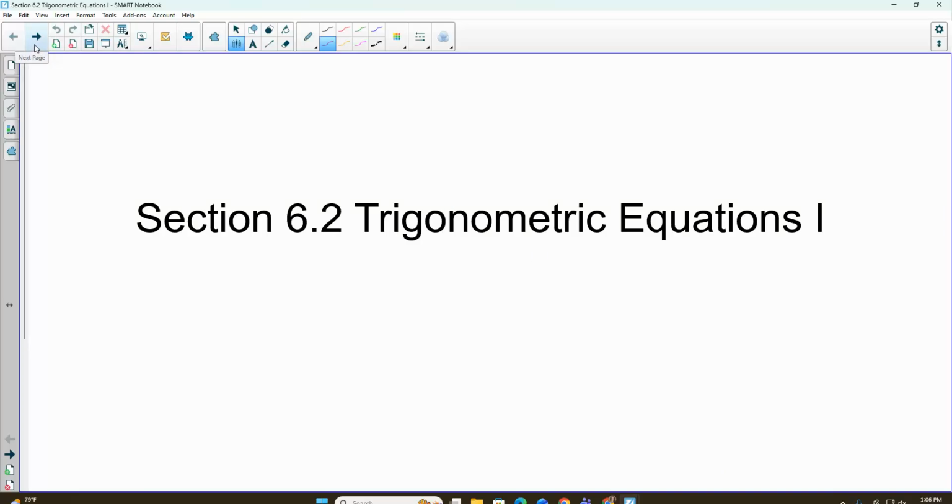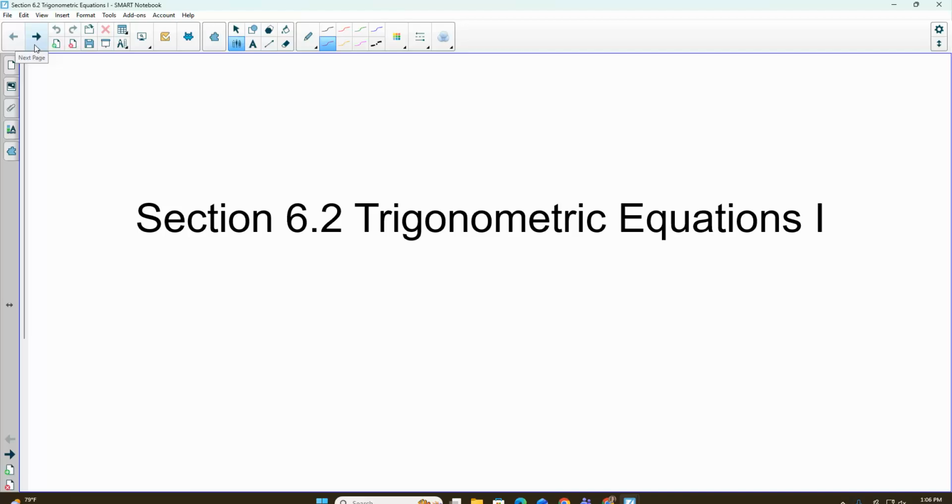Okay, this is a little bit different. We are solving equations with trig functions. It's very similar, yet not at the same time. The problems you just got done doing all had inverses in the original problem, which meant we could only get a single answer.